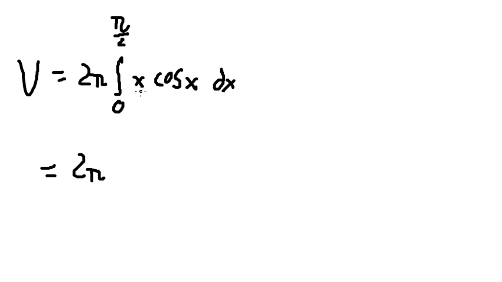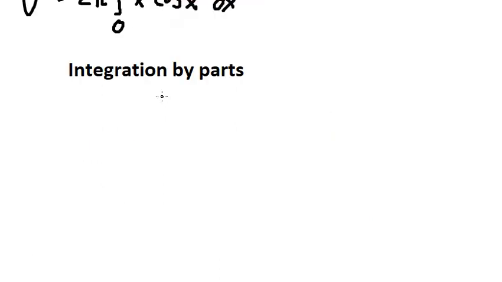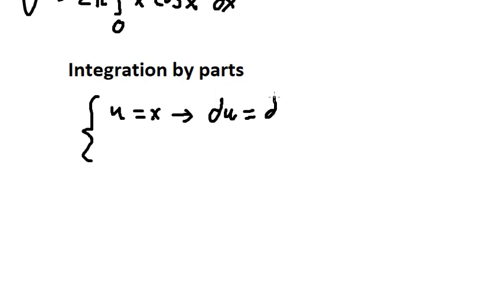In this one, we can use integration by parts. I will put u equals x. Then we need to take the derivative of both sides, and we get du equals dx. dv is cosine x dx.